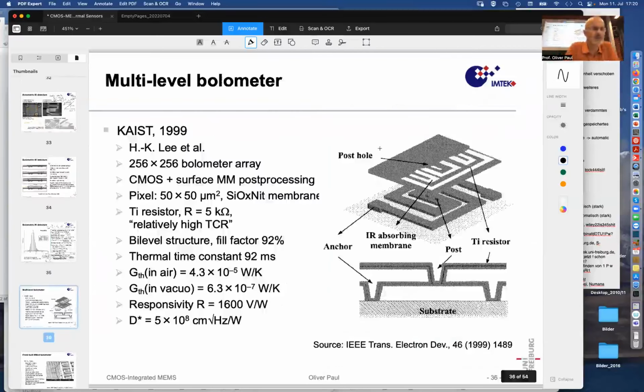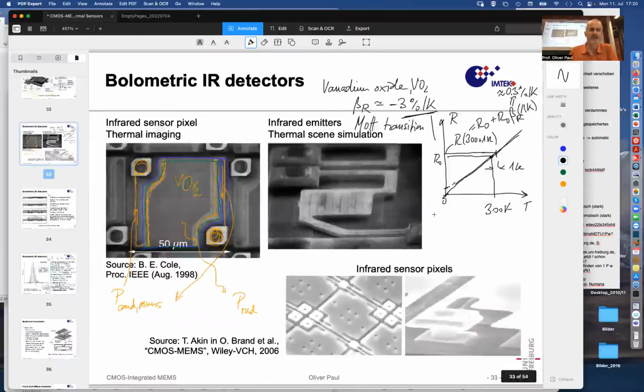Yeah, so here is another structure that was produced by the Korean Advanced Institute of Science and Technology in '99. They said, okay, these bolometers of Honeywell, we can do better. Now, if we go back to the structure of Honeywell, there's a lot of unused space. So for instance, these arms, whatever radiation impinges here is not used.